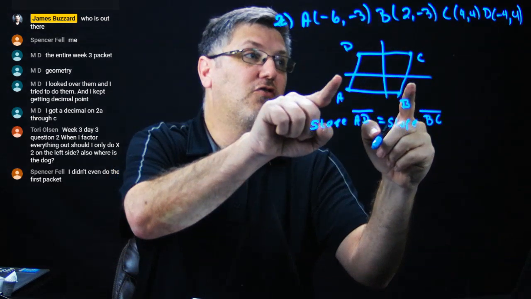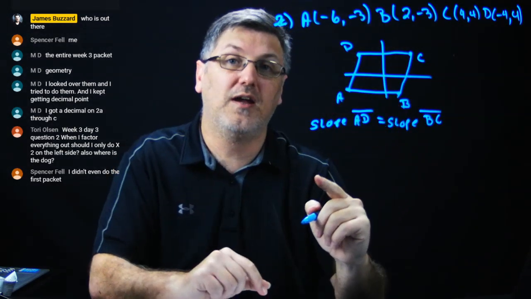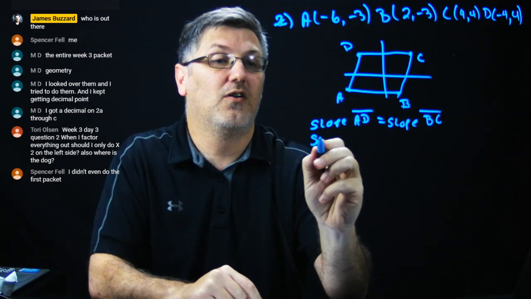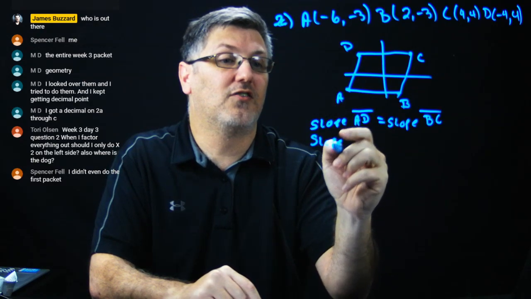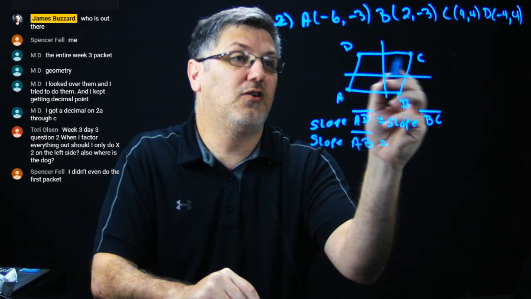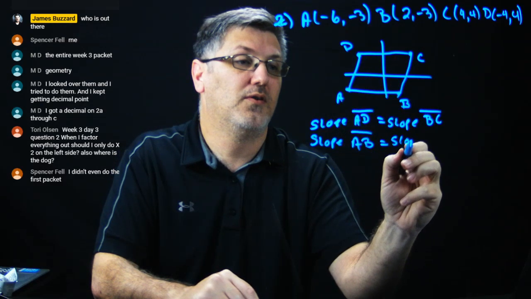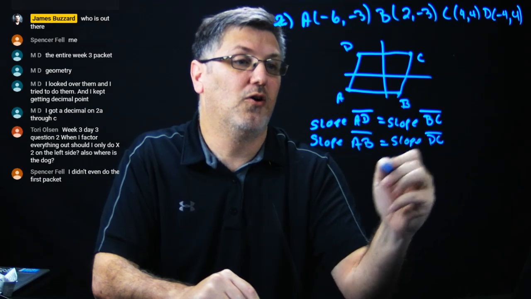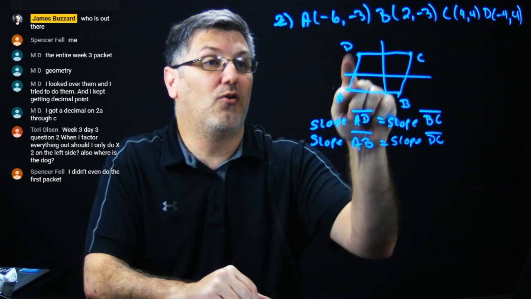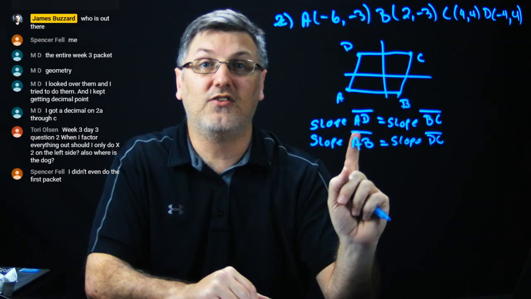If these two slopes are the same, we know that these two sides are parallel. We're going to do the same thing with the other sides: I need the slope of AB, and it has to equal the slope of DC. Okay, so that's the whole idea. So do a rough sketch, figure out which ones of these are the opposite sides, and go from there.